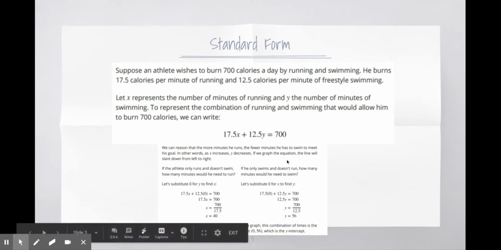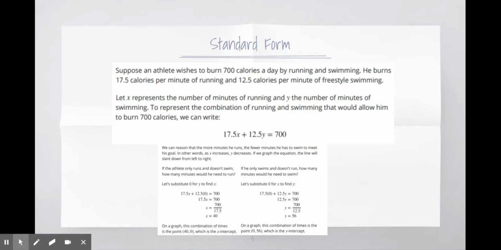And then over here, you can see if he only swims and doesn't run, how many minutes would he need to swim? In this case, we would substitute 0 for X and solve for Y. And on a graph, this combination of times would be the point (0, 56), or the Y-intercept. I wanted to put this example up here because some of us are struggling with what those values mean.